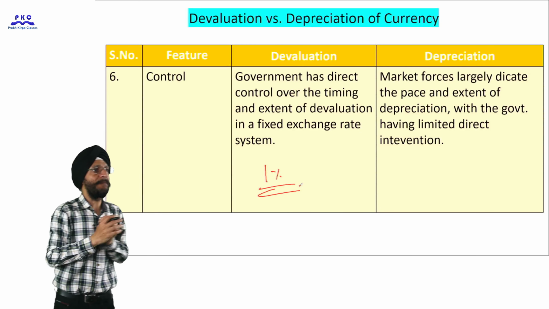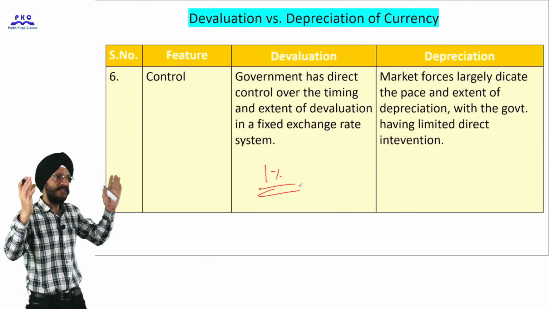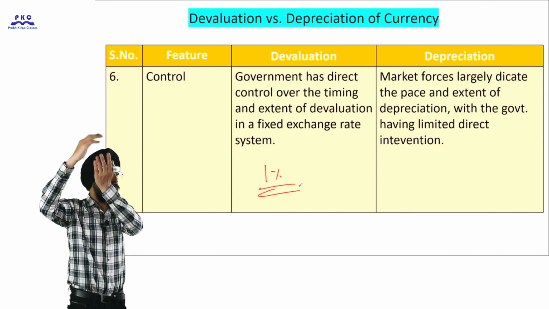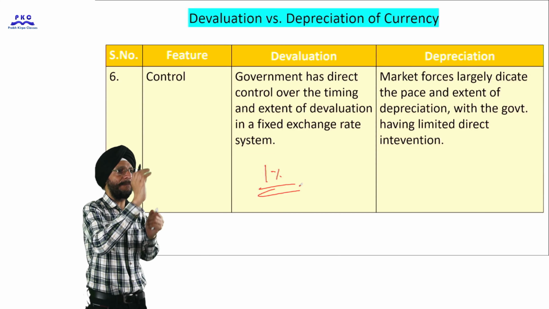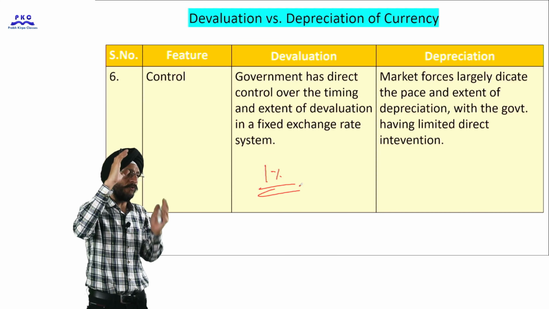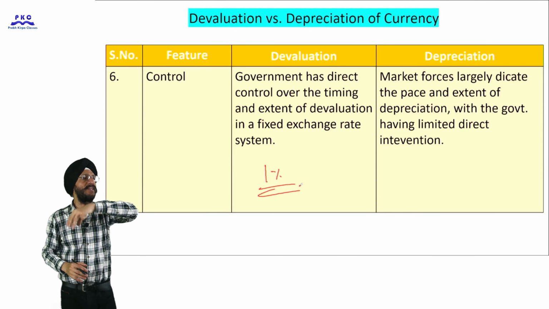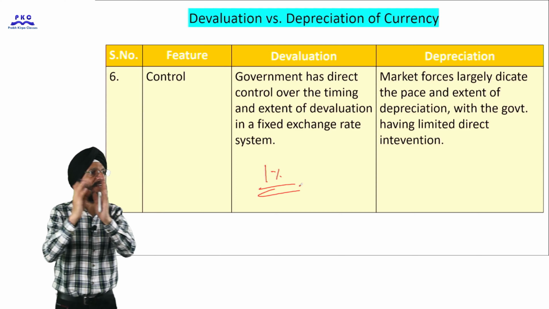But in the case of depreciation, it is the demand and supply in the foreign exchange market which decides the depreciation. For the larger part, market forces mostly dictate the pace and extent of depreciation.